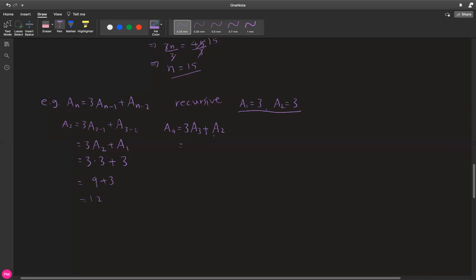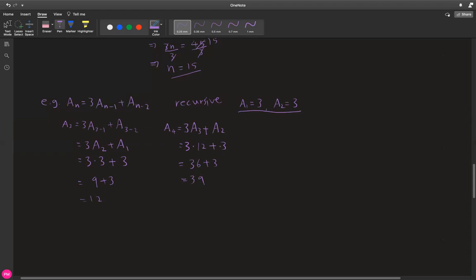We're given a sub 2 from the problem, and we also know that a sub 3 is 12 because we just calculated it. Then we can simply plug it in. So 3 multiplied by 12 plus 3. And that is going to be 39 because this is 36 plus 3, and that's 39.